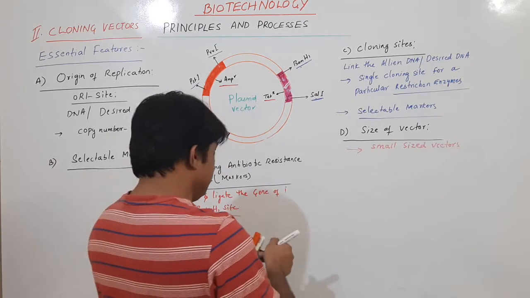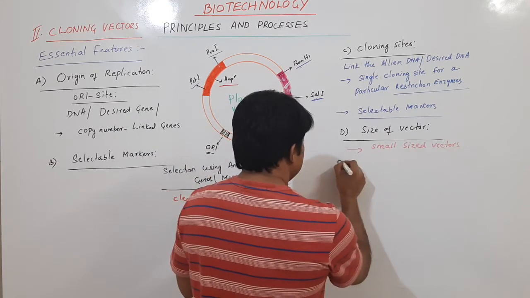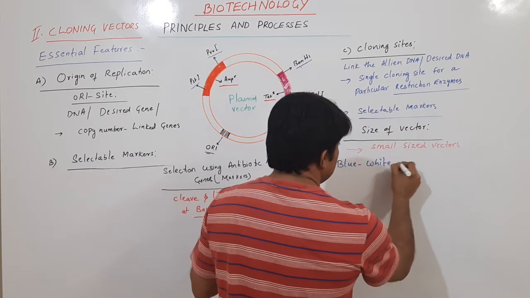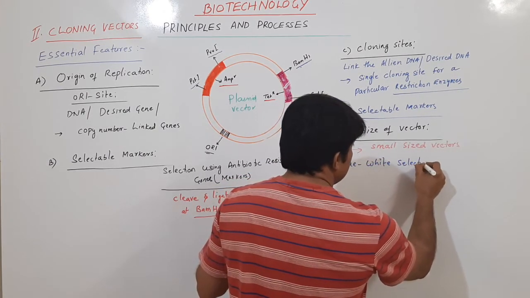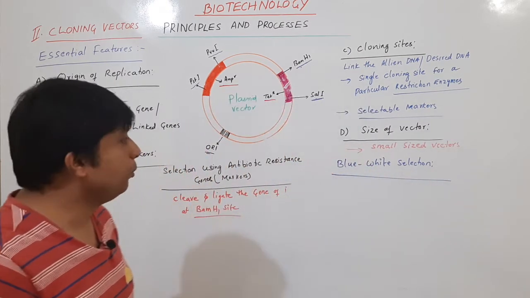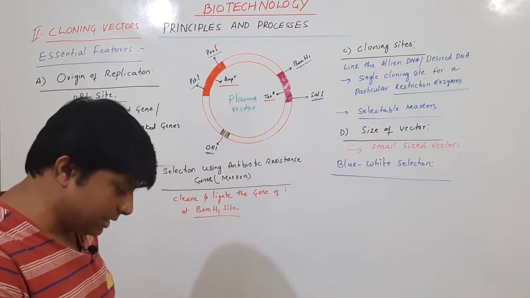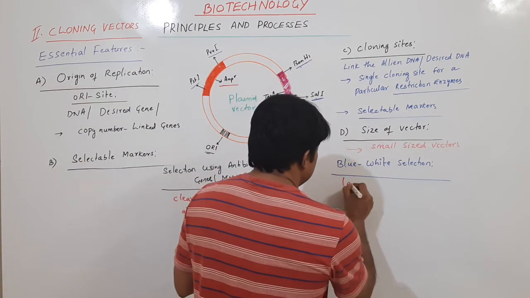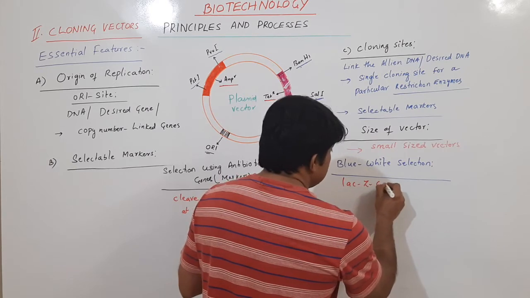This is called blue-white selection. Blue-white selection is done with our lacZ gene.